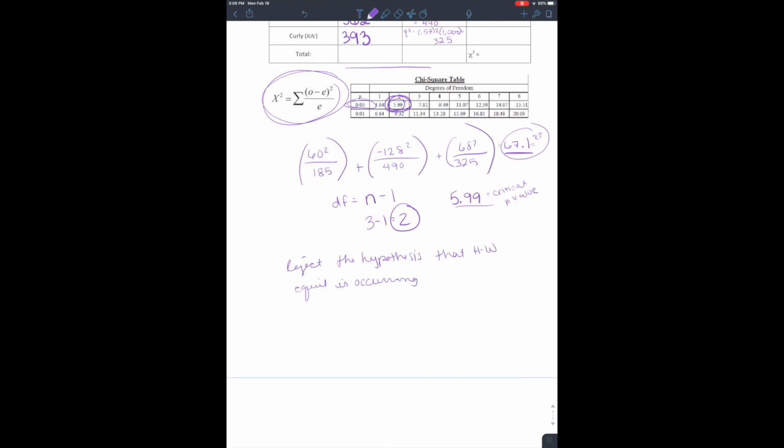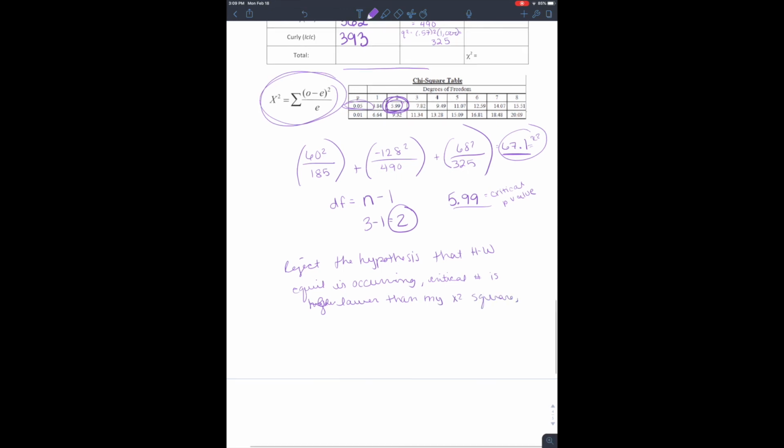We are going to conclude that Hardy-Weinberg equilibrium is not occurring in this population because my critical value is lower than my chi-square. Thus, evolution is occurring.